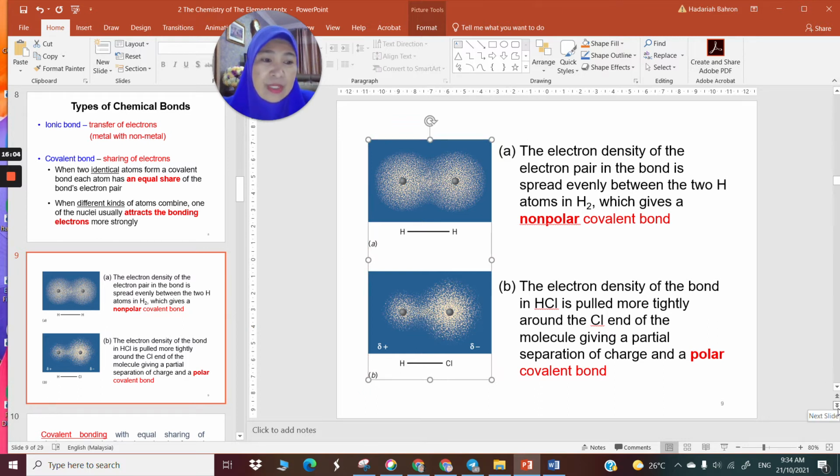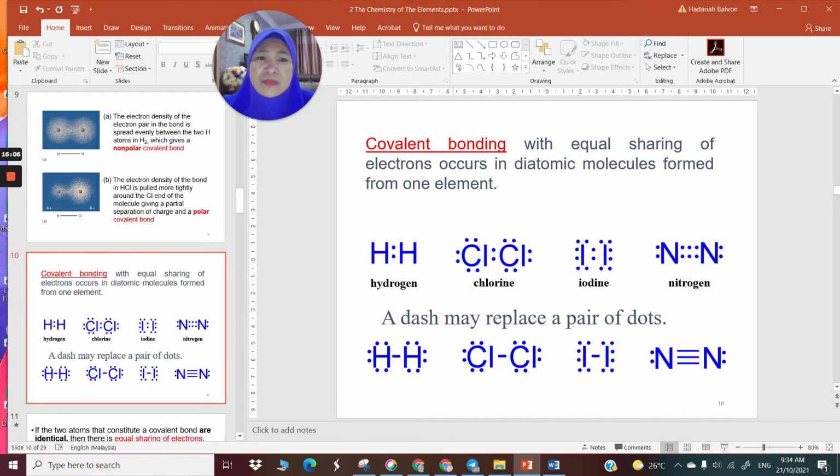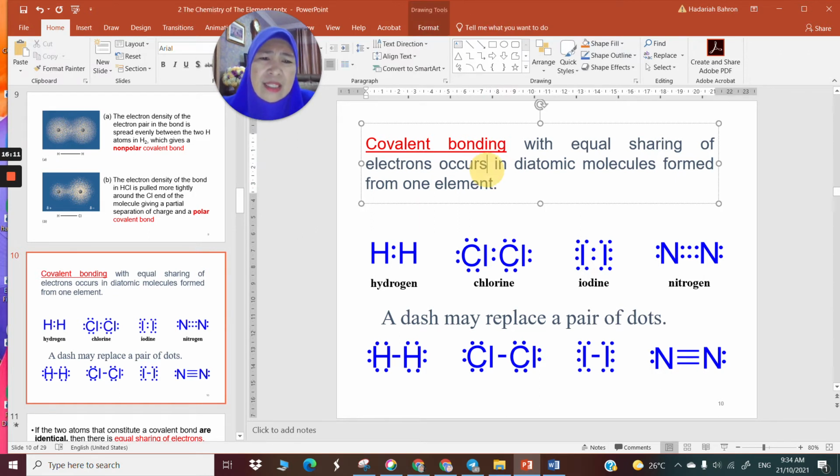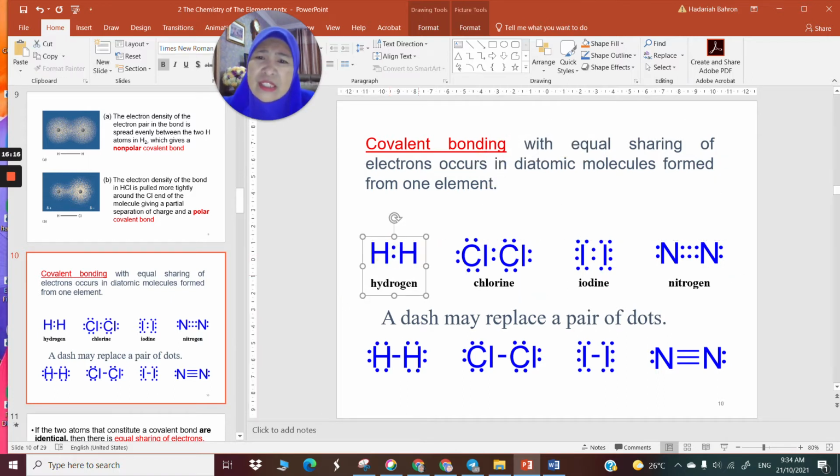difference in electronegativity values. So, covalent bonding with equal sharing of electrons occurs in diatomic molecules formed from one element. For example, your hydrogen just now, H2, Cl2, I2, N2. You can see all these are represented in dots. But when you write in chemistry, these shared electrons, the two dots, can be represented by a bond.